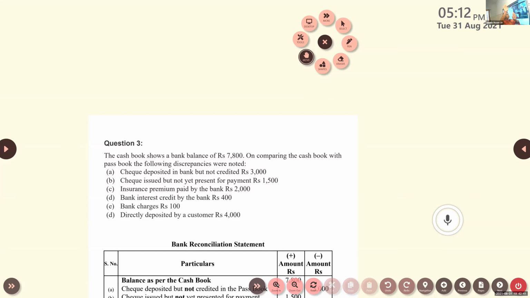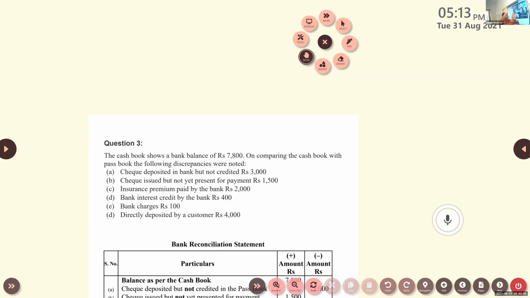So in the cash book, bank balance increased. So to bring it to passbook, what to do? It should be reduced. Bring it down.